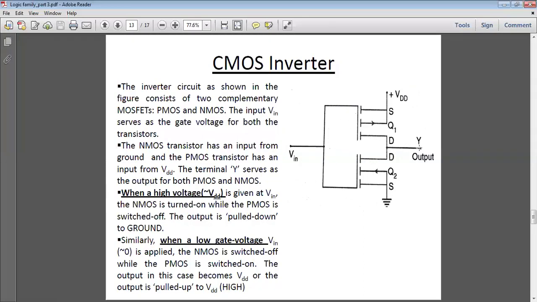We get the output voltage equal to the ground potential. When a low gate voltage is applied, Vin is low, and the P channel is in the conducting state, but the N channel is off. So the output voltage becomes equal to VDD. So when input is 0 the output is high, when input is high the output is low. So this circuit acts as a NOT.